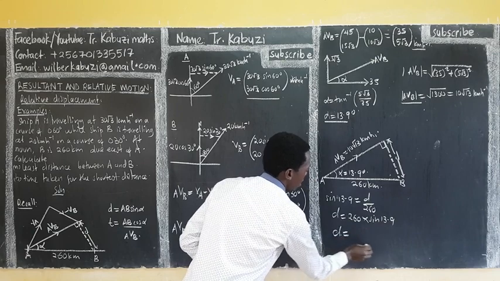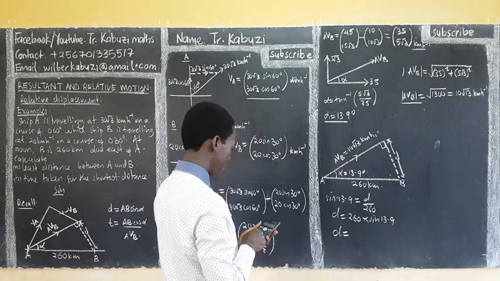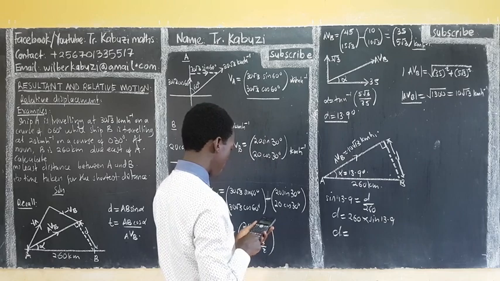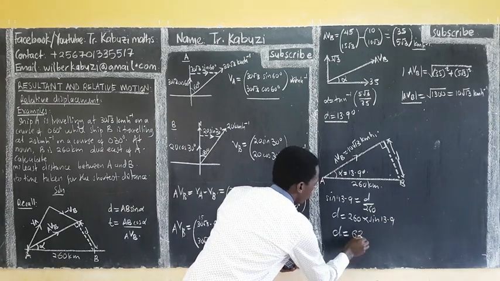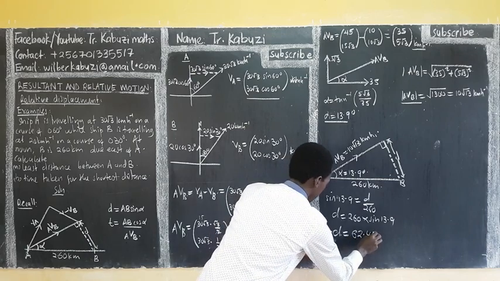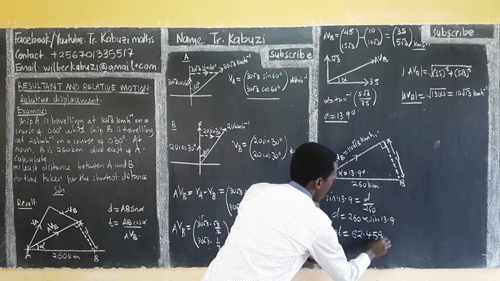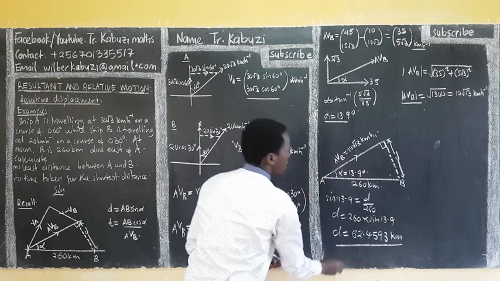And so my D is going to be, it's giving me 62.4593 kilometers. That's the shortest distance.